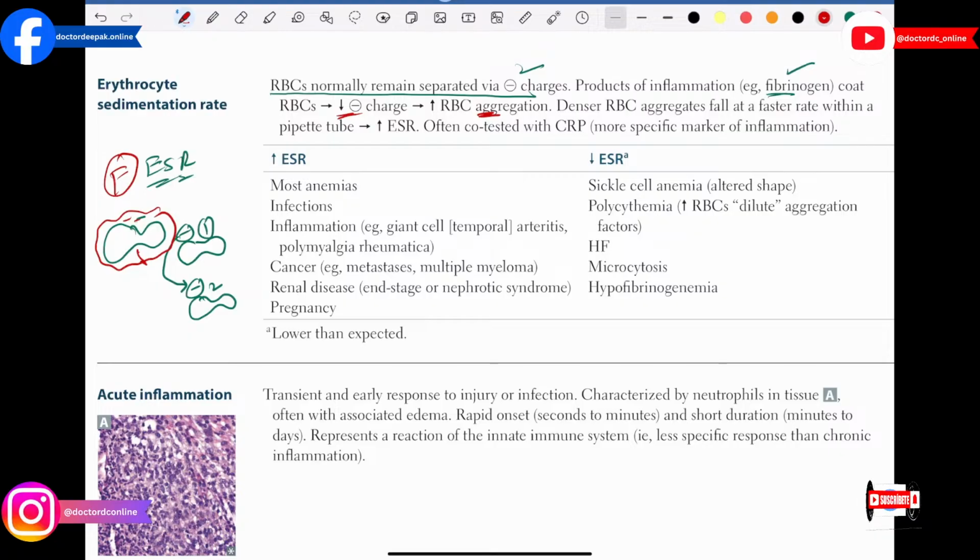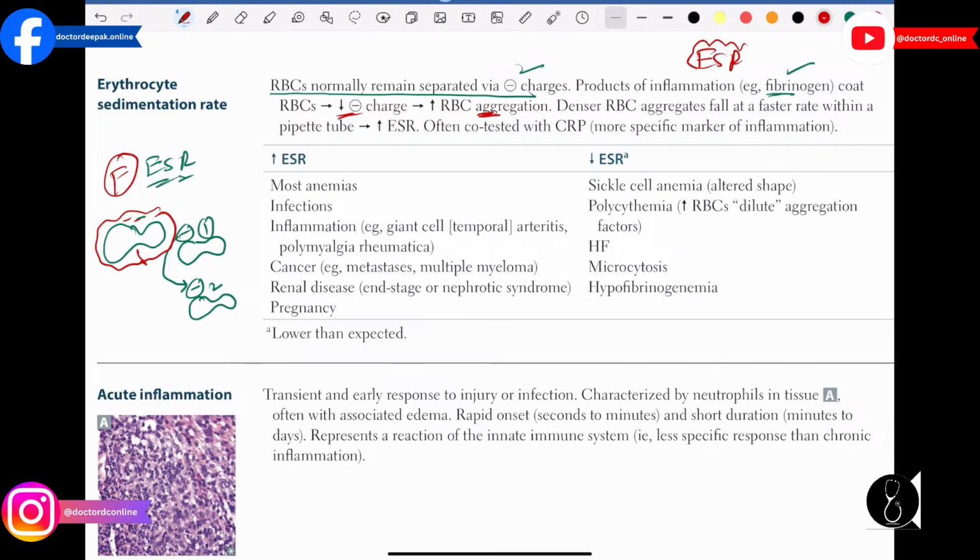So this is the important point. When you take the blood of the person during inflammation and put it in the pipette tube during the test, these RBCs are going to aggregate with each other. When the RBCs aggregate with each other, that will lead to increased ESR.